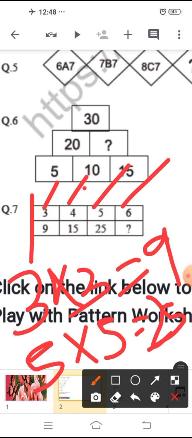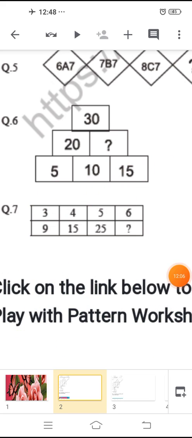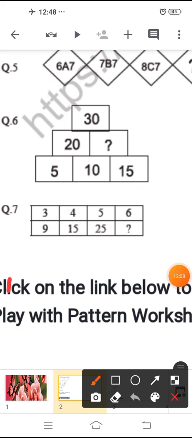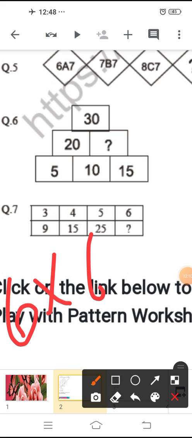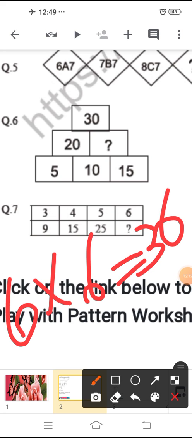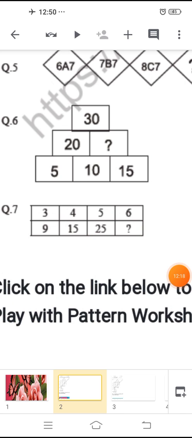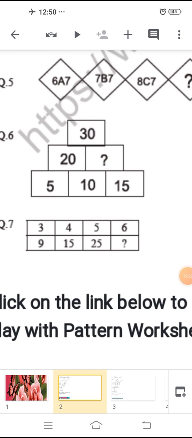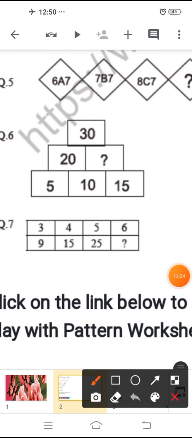Understood? So what number should be taken, that will give you the same? You can take 6 sixes are 36. How can you take 6 sixes are 36? Or what you can take, they have taken 3 threes are 9 and 5 fives are 25.